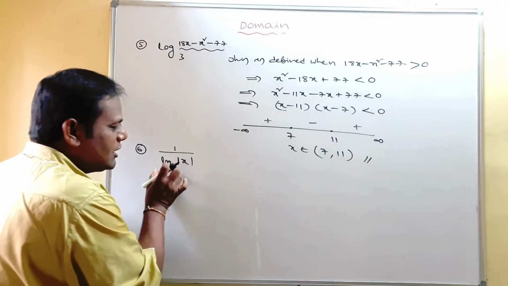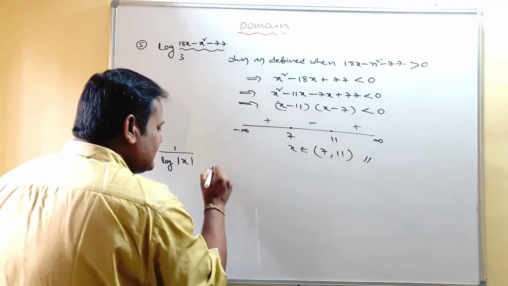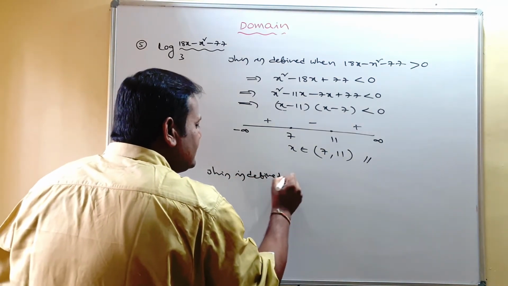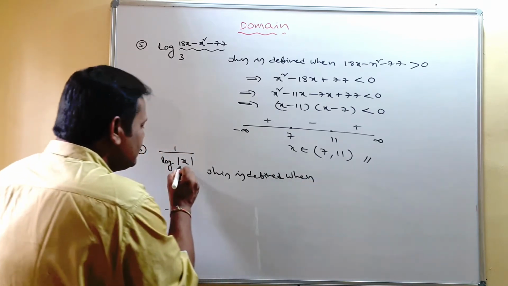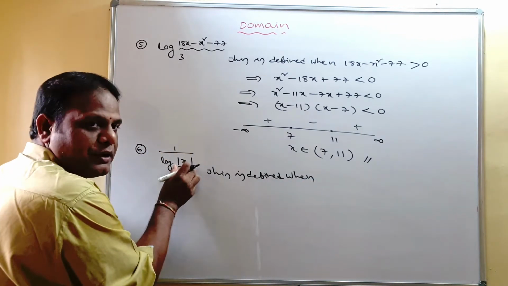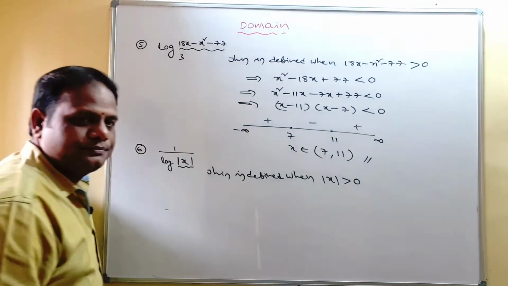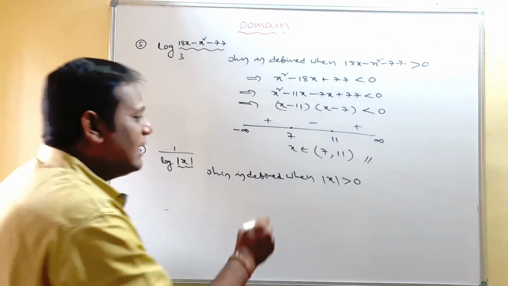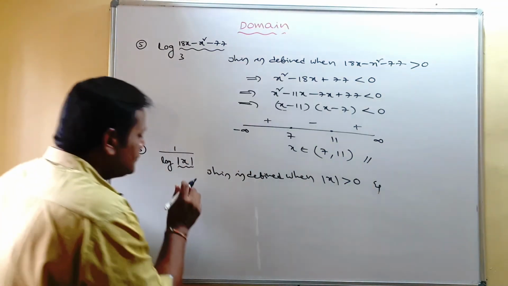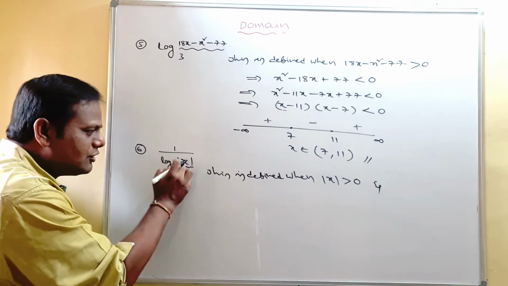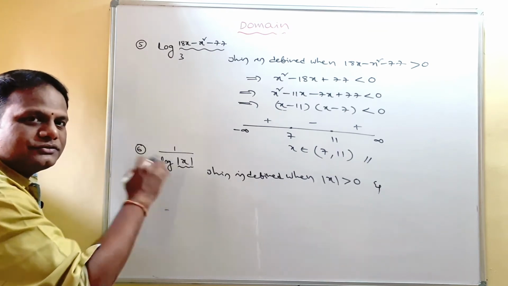So first, the log function is defined when this is positive, so mod x is greater than 0. And suppose mod x is 1, then log 1 becomes 0. Why does this matter?